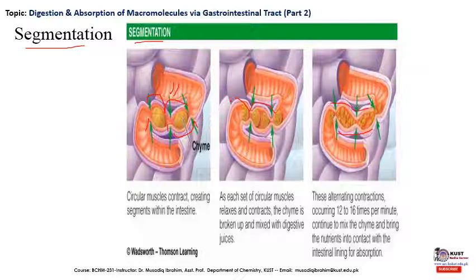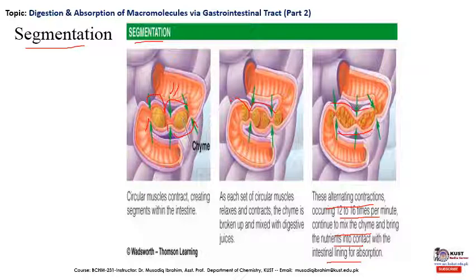The digestive juices are mainly composed of the gastric juices, which are secreted by the gastric glands. These alternating contractions occur 12 to 16 times per minute, and continue to mix the chyme and bring the nutrients into contact with the intestinal lining for absorption.